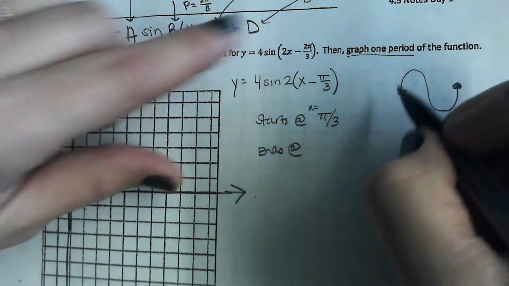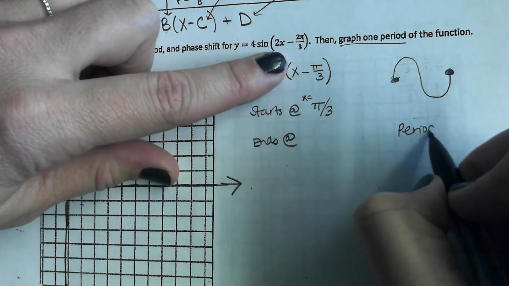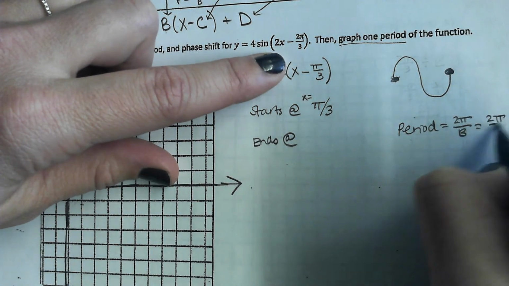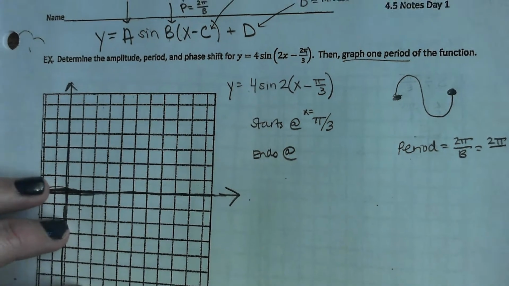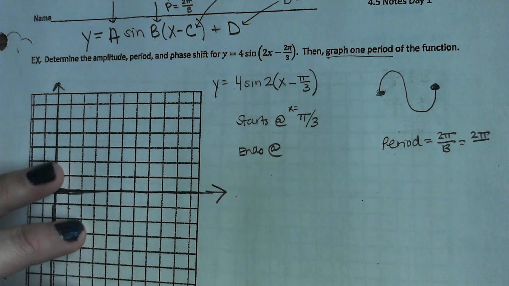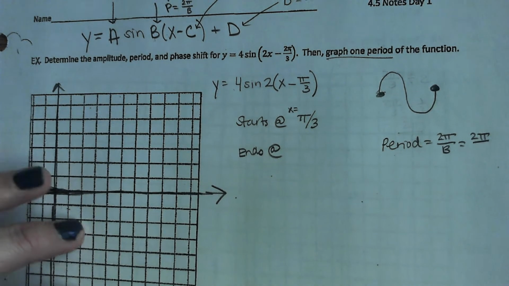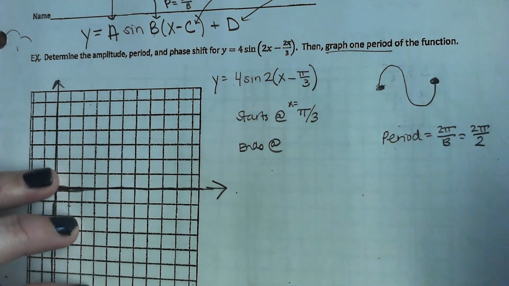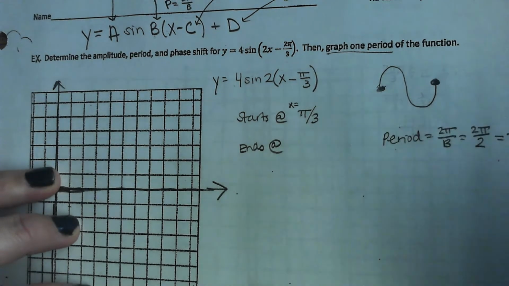You calculate the period by doing 2 pi over b. What's our b value? Two. So 2 pi over 2 just gives us a period of pi.